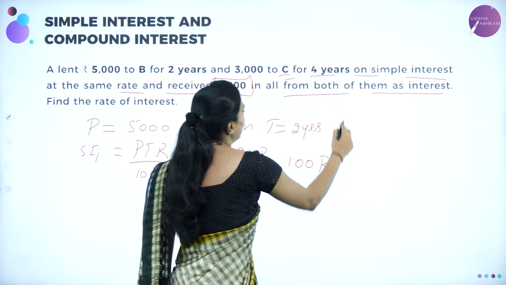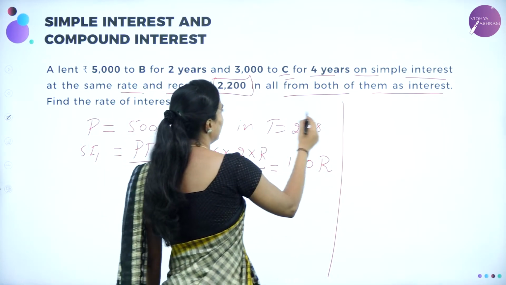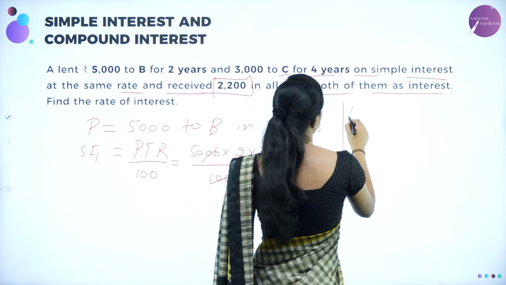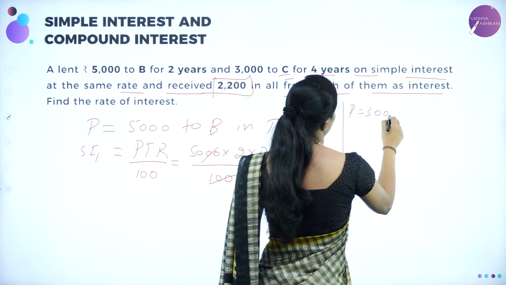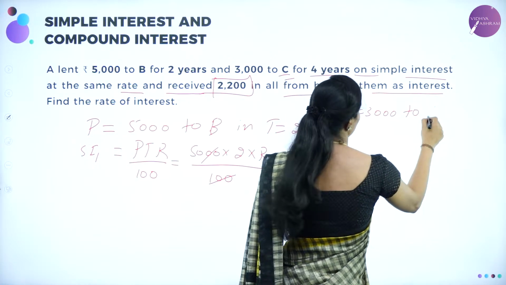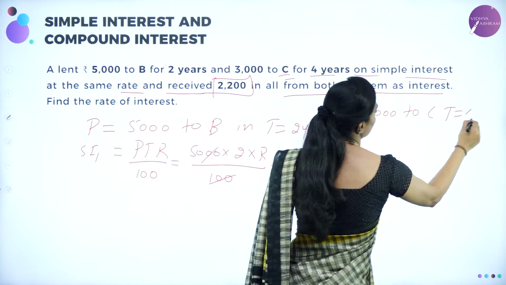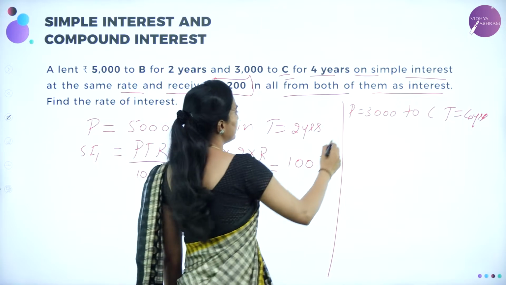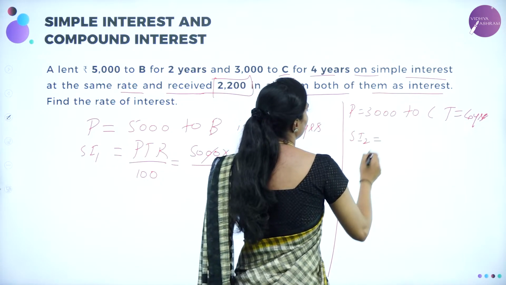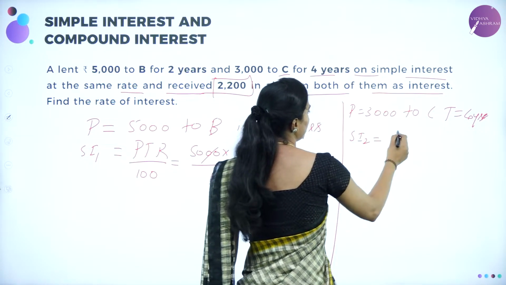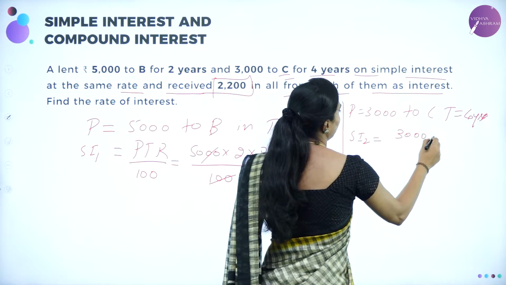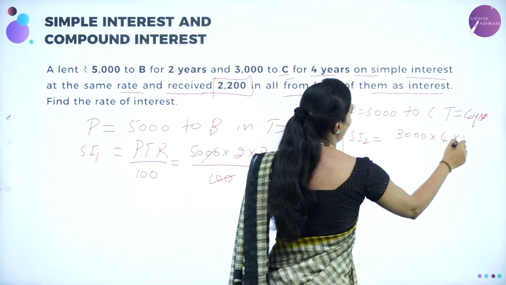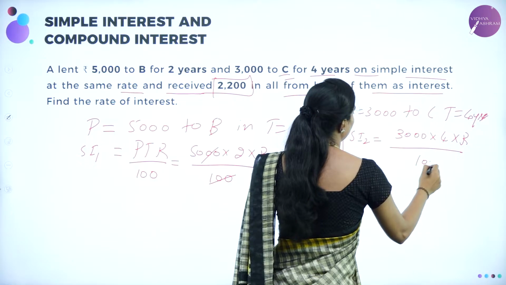Next, they have given what? A lent P is equal to 3,000 to C at T is equal to 4 years. Let us calculate simple interest 2, which is PTR, same formula. P is nothing but 3,000 into T is nothing but 4 into R we don't know, divided by 100.